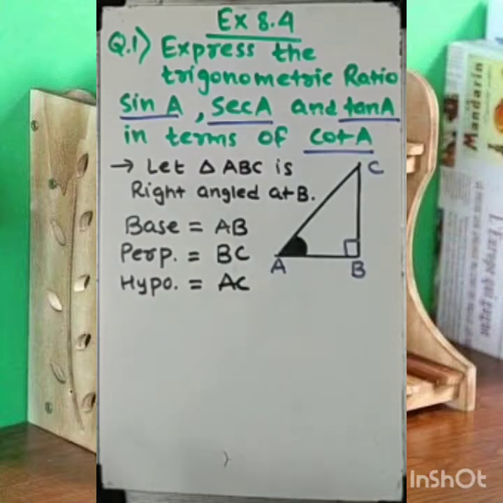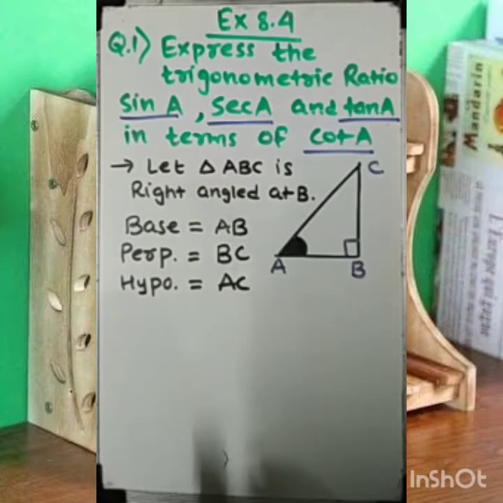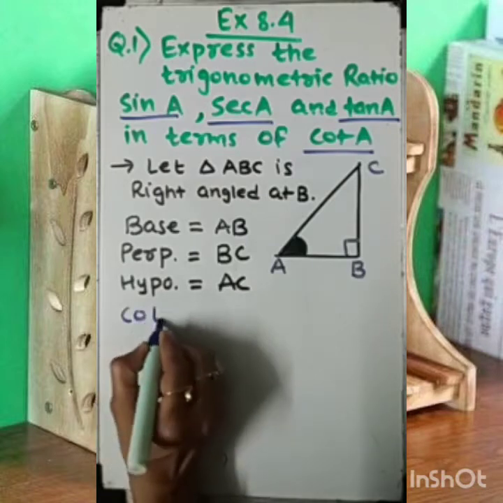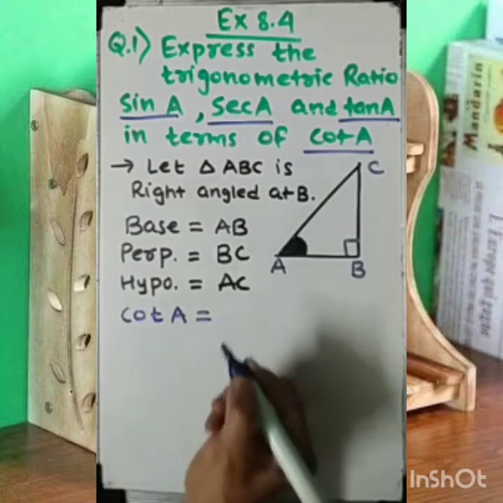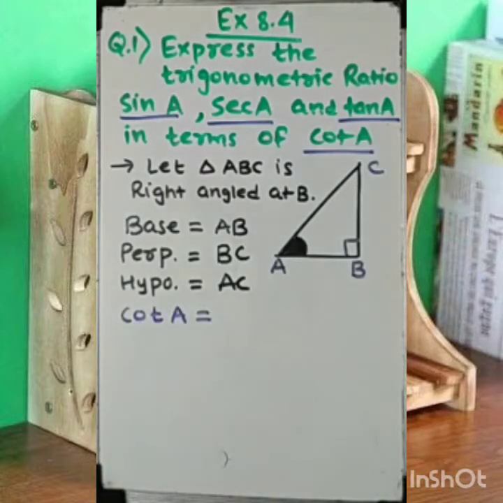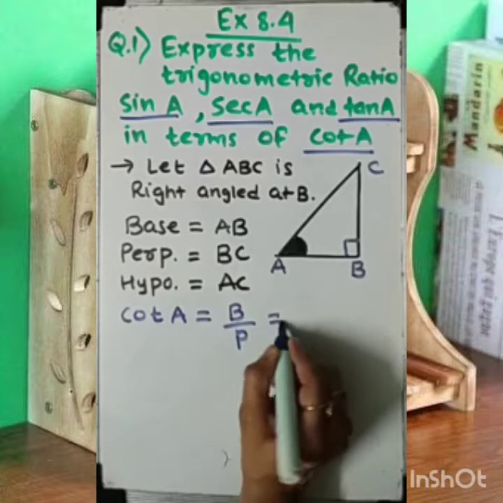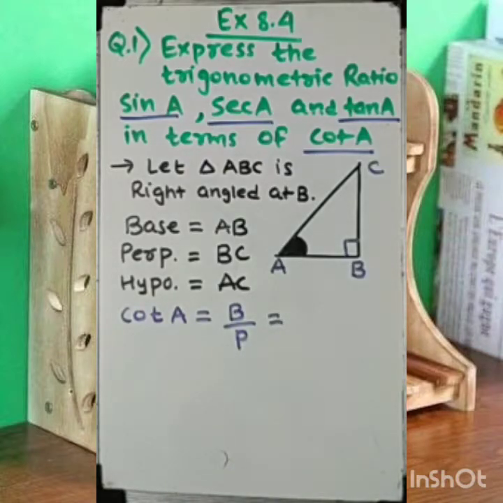Now first of all, suppose I am choosing cot. We are first writing cot A. Now you know very well, dear student, cot means base upon perpendicular, B by P. Cot A means B by P. So what is the base here?